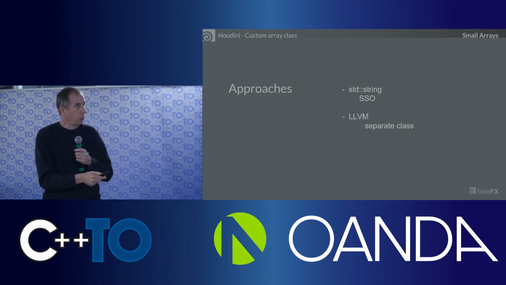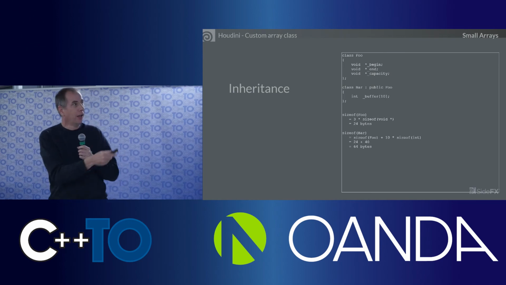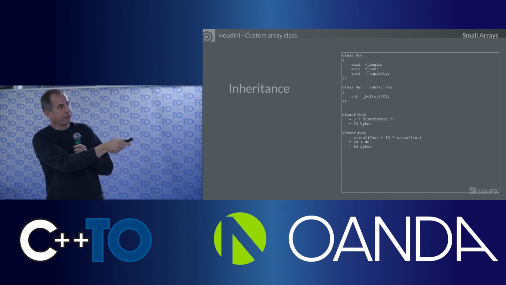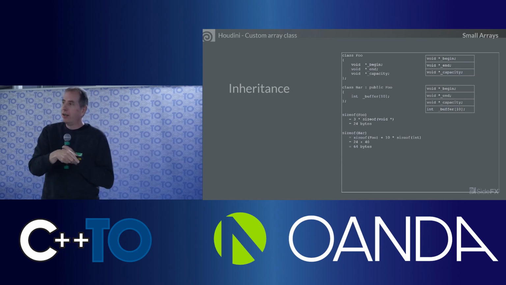So what we do is we rely on inheritance in C++. If you've got a class foo that has the 3 pointers, and you've got bar which inherits off of foo that has the buffer, the size of foo is 24 bytes, the size of bar is 64 bytes. If you look at the memory layout, you'll see that the buffer actually follows after the end of the foo class.